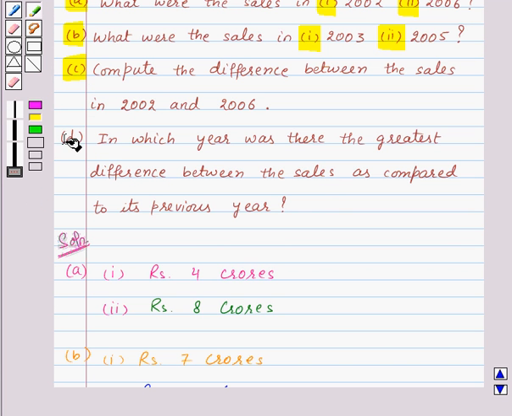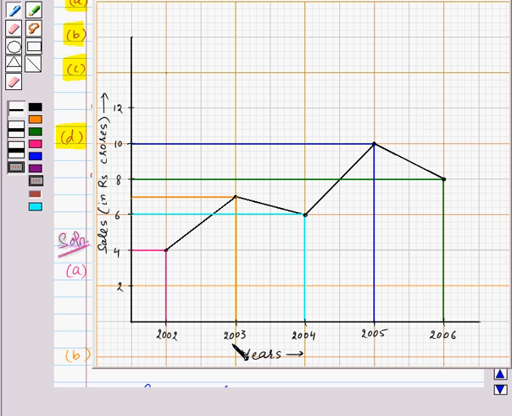Now part D says, in which year was there the greatest difference between the sales as compared to its previous year? For this, we will find out the difference of the sales of each year as compared to its previous year. So first of all, let us find out the difference between the sales of year 2003 and 2002.